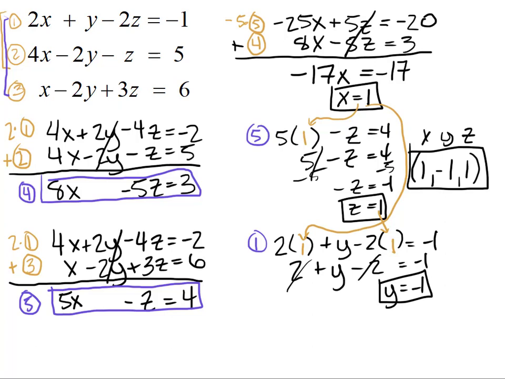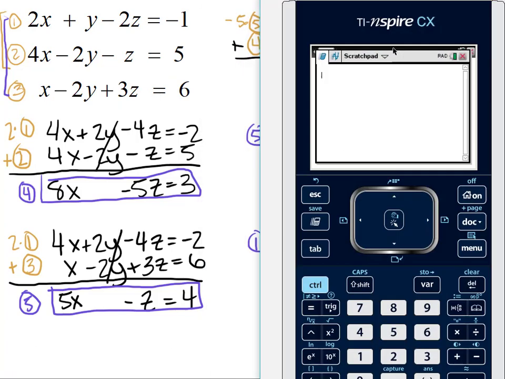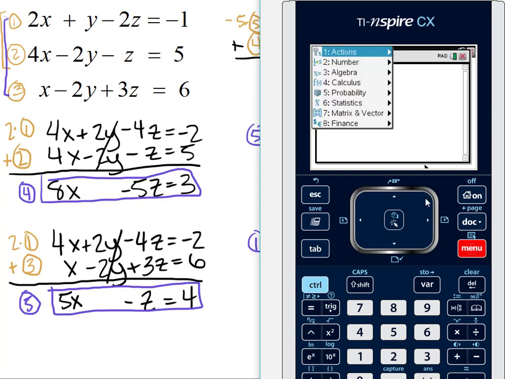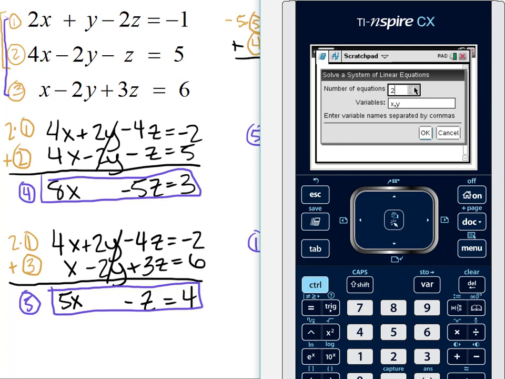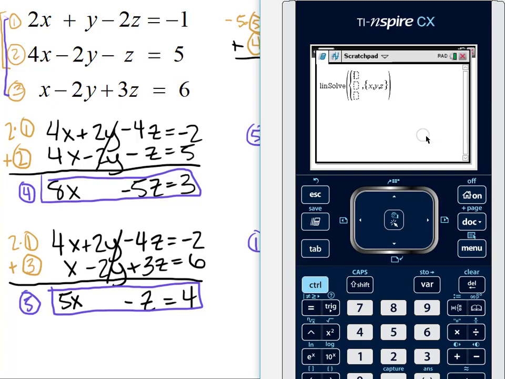We can check this in our calculator. So we did this the other day. In our scratch pad, we went to menu, algebra, solve system of linear equations. This time there's 3. And notice actually by just clicking down here, after I clicked 3, it even filled in that the third variable is probably z. And so we can type in those 3 equations.